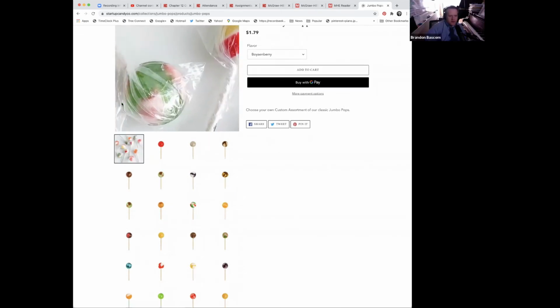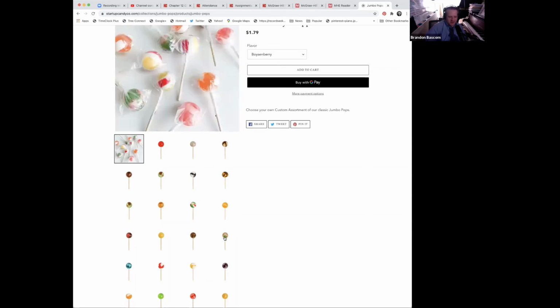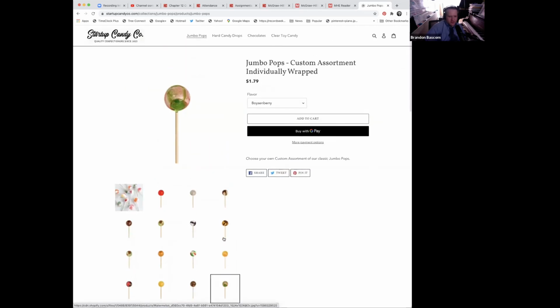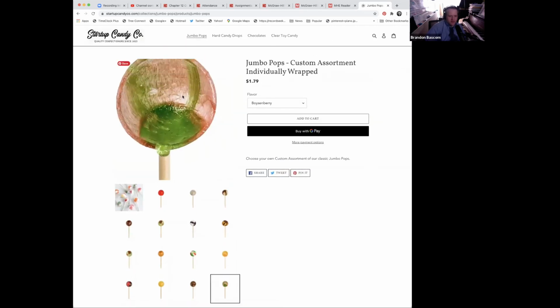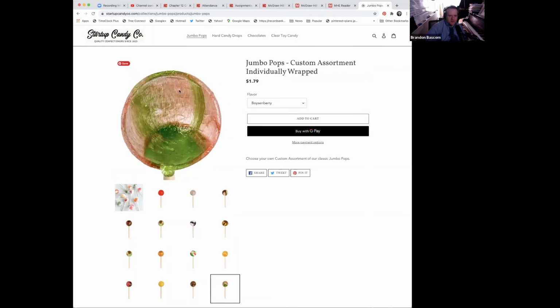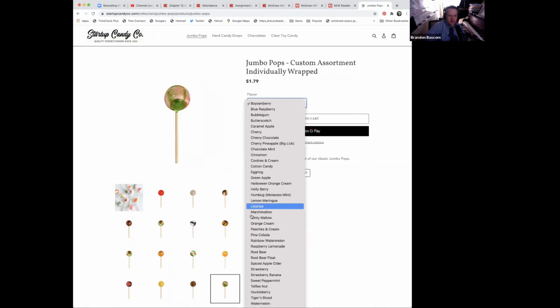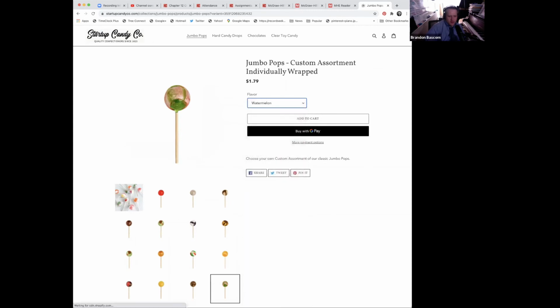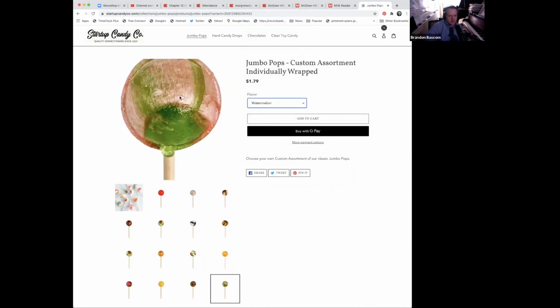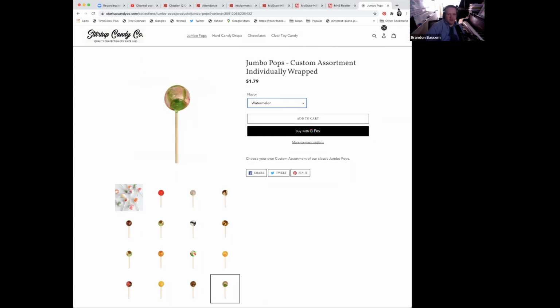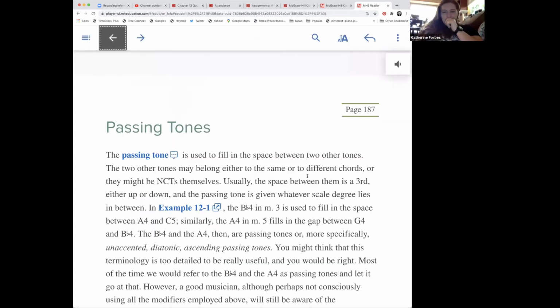Pink and green. It looks delicious. Watermelon sucker. It looks like bubble gum though, like apple and bubble gum. Can you believe it's $1.79? It's a bad picture. Anyway, childhood memories. On we go.